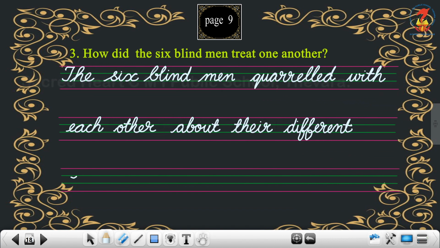See how I am writing V, I, E, W, S. Views on the elephant. O, N, on. The elephant. E, L, E, P, H, A, N, T, elephant, and then full stop.